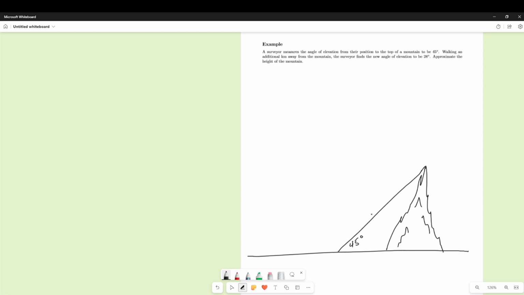So that's 45 degrees, and then they go a kilometer away, and it's now 28 degrees. That looks a little bit more reasonable to me. And this is 1 kilometer. And approximate the height of the mountain. So we want to approximate this vertical height.